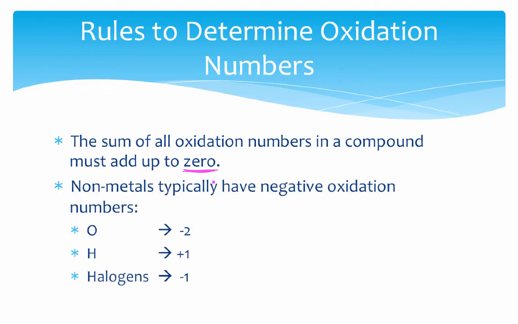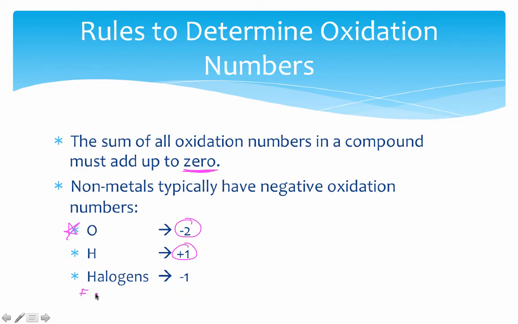Last but not least, nonmetals typically have a negative oxidation number. This isn't super helpful, but what we do get out of this is some oxidation numbers that we can assume. For example, oxygen typically has an oxidation number of -2, hydrogen typically has an oxidation number of +1, and all the halogens typically have an oxidation number of -1.